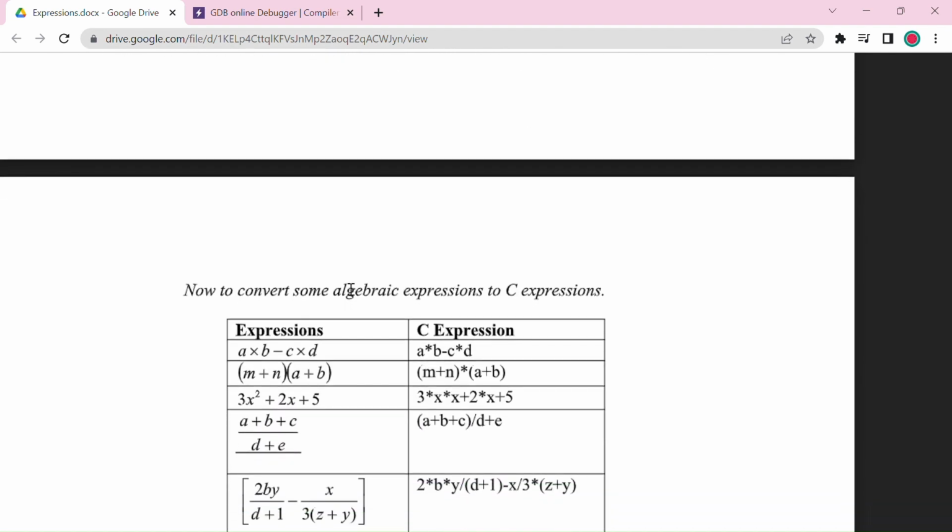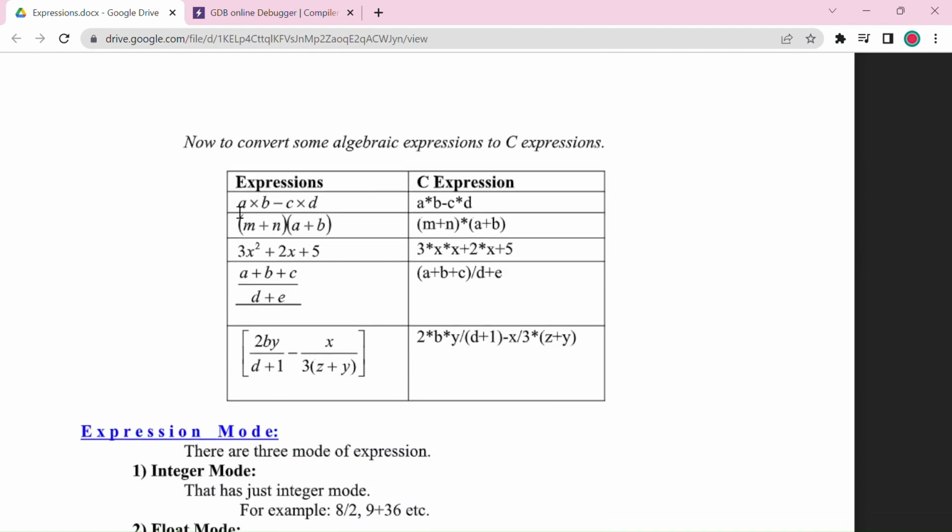Okay, now to convert some algebraic expressions. You can consider this for your understanding: the expressions that we use in general, basic mathematics, and how you can use those mathematical expressions in a C program.